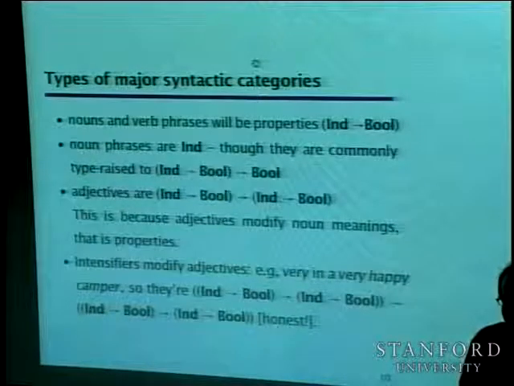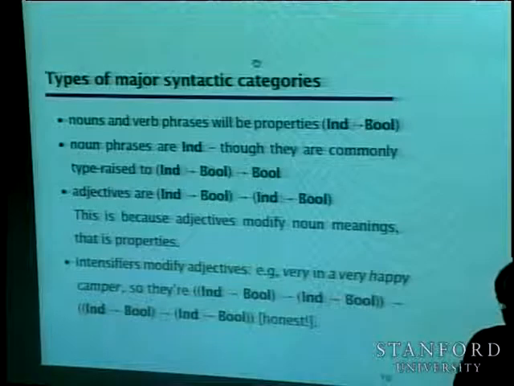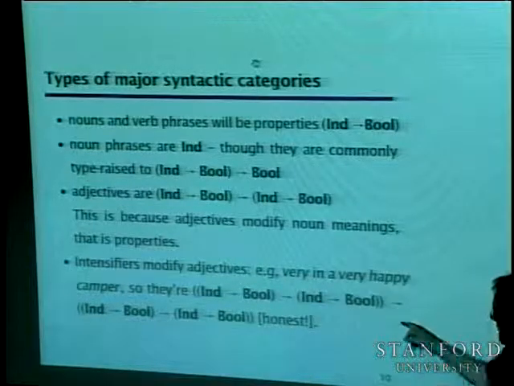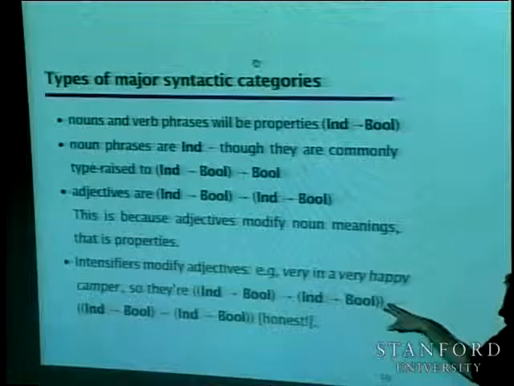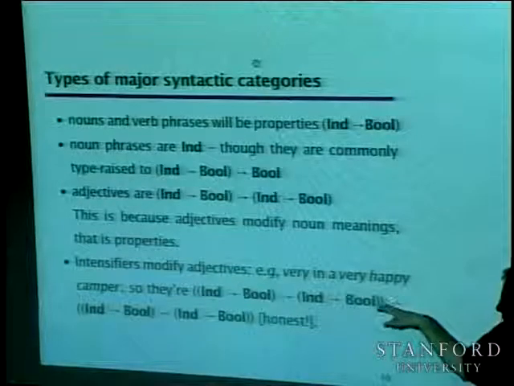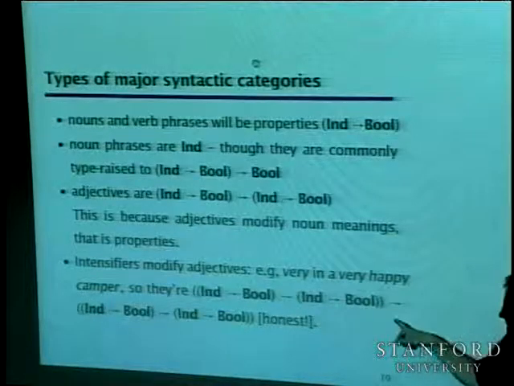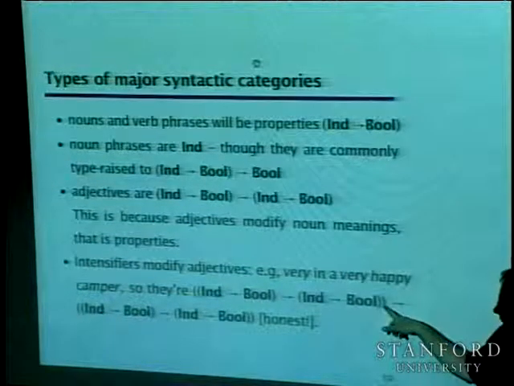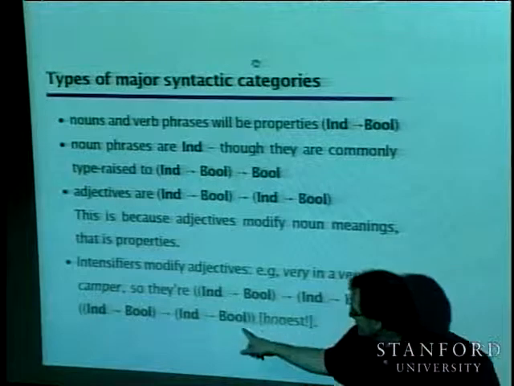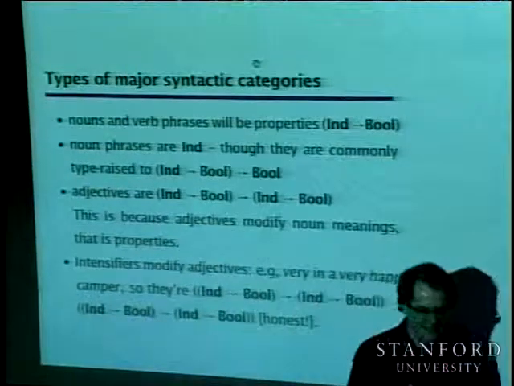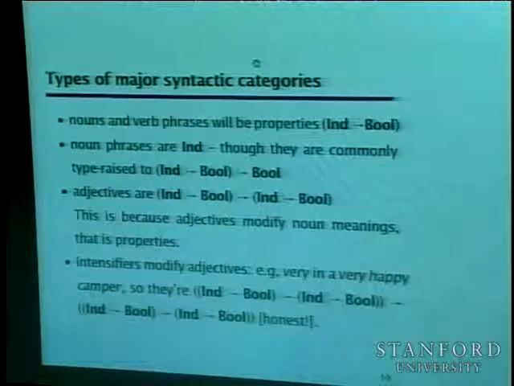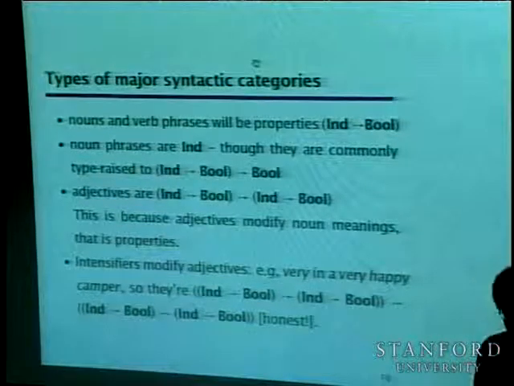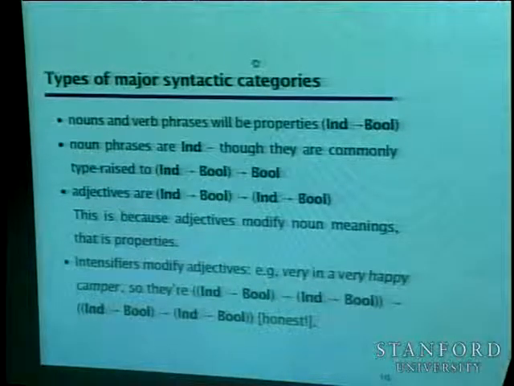Very happy is sort of like an adjective meaning, apart from it describing a more extreme adjective meaning. So the type that we're going to give to adverbs that modify adjectives, at least, is it takes as its argument the adjective's type, and it returns something that is of an adjective type. So it's interval to interval to interval to interval, which is just about incomprehensible.